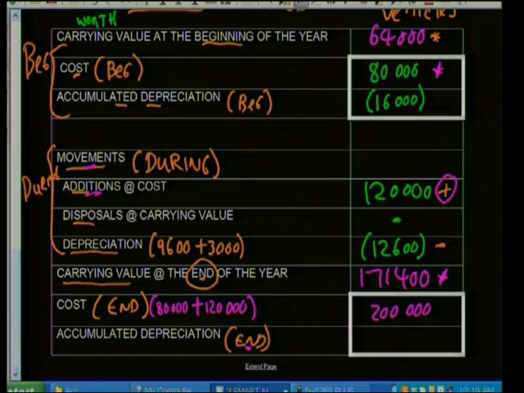Let's now look at accumulated depreciation at the end of the year. How am I going to get this total? Quite straightforward, guys. I'm going to take my accumulated depreciation at the beginning of the year, which is 16,000. I am then going to add additional depreciation that I've written off during the financial year, which is my 12,600, and that's going to give me my accumulated depreciation at the end of the year.